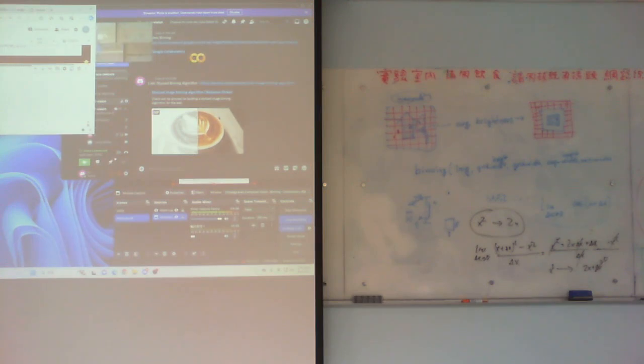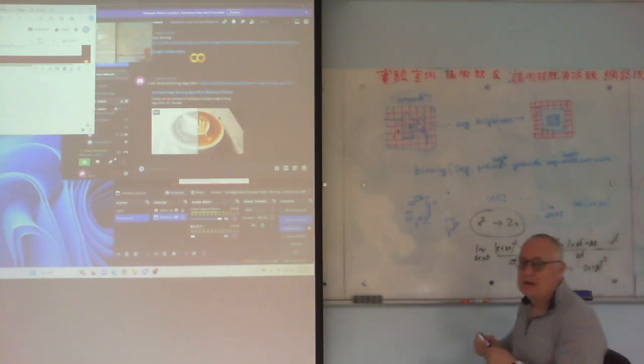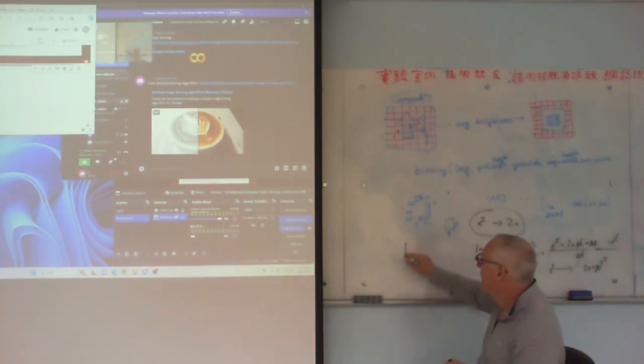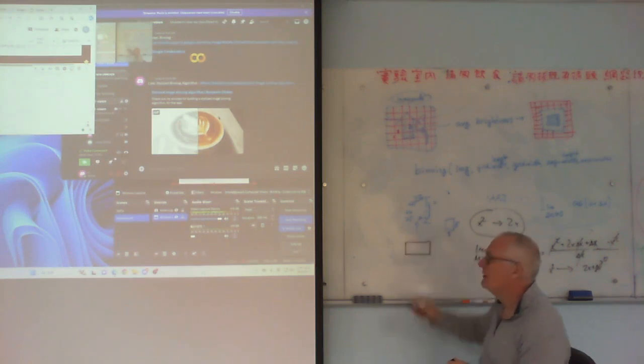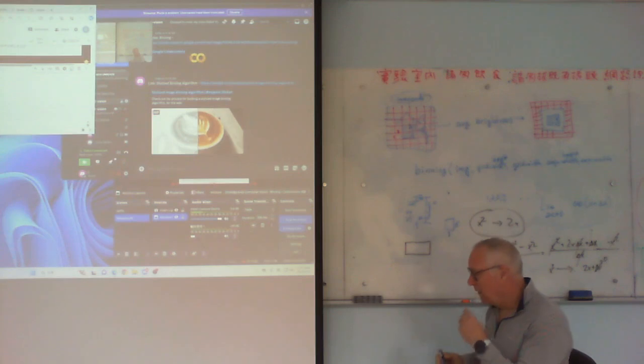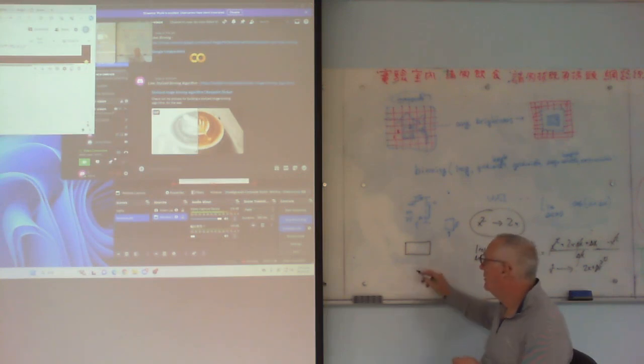So then I need to calculate the size of the rectangle, because I have grid height and width separately. So I need to figure out how to map the brightness to some kind of rectangle size. Right? And clearly, if it's 0, then the size should be 0.